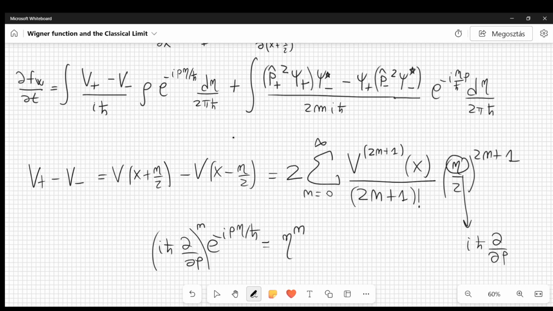I will rewrite the expression more explicitly later, after I also discuss how to rewrite this part. Then we will find the dynamical equation that is satisfied in quantum mechanics by f_W, the Wigner function.